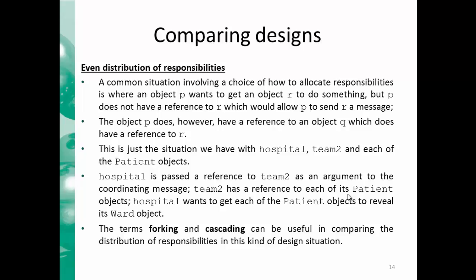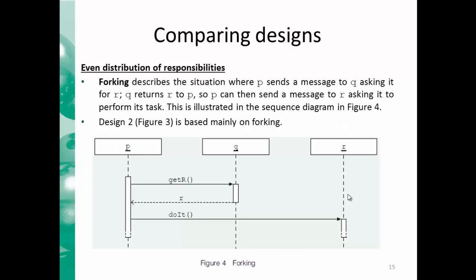This distribution will follow one of two mechanisms or techniques. One we call forking, and the other we call cascading. Forking describes the situation where P sends a message to Q, as you can see in the sequence diagram, and this message says get R, asking it for R. Now Q returns R to P, so P can then send the message to R asking it to perform its task.